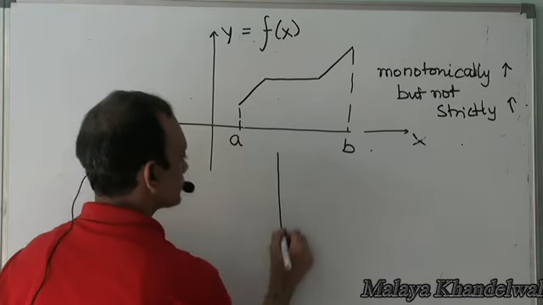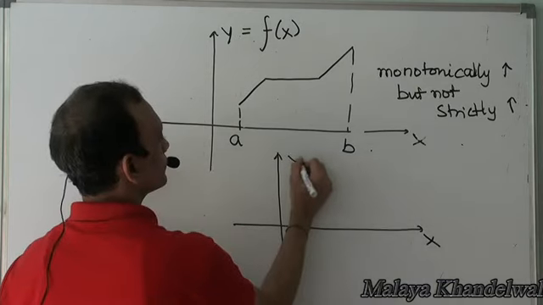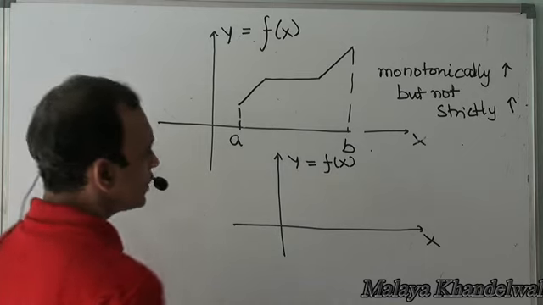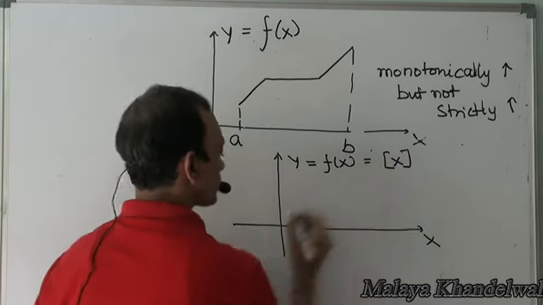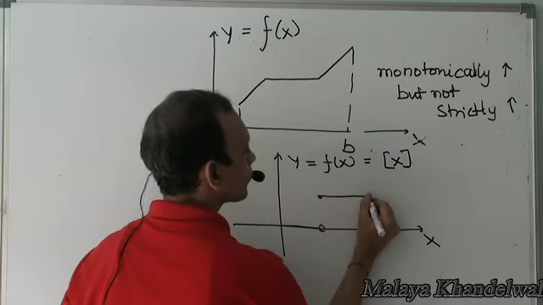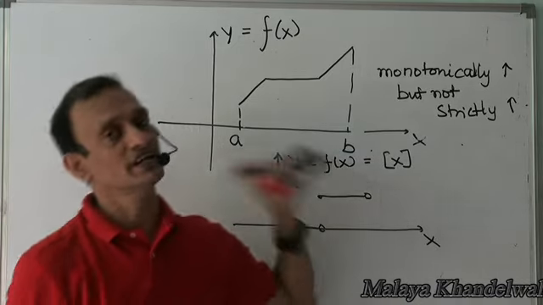Similarly, y equal to box x is monotonically increasing but not strictly increasing.